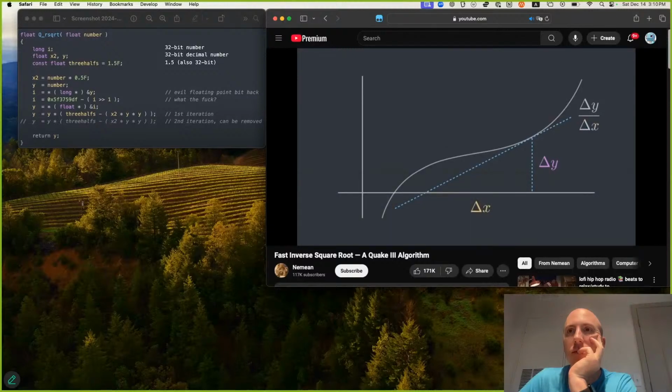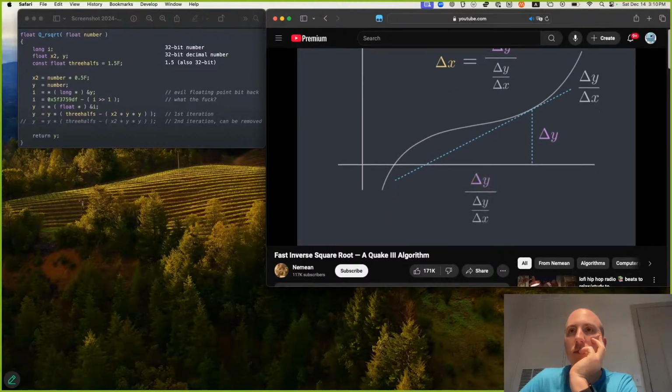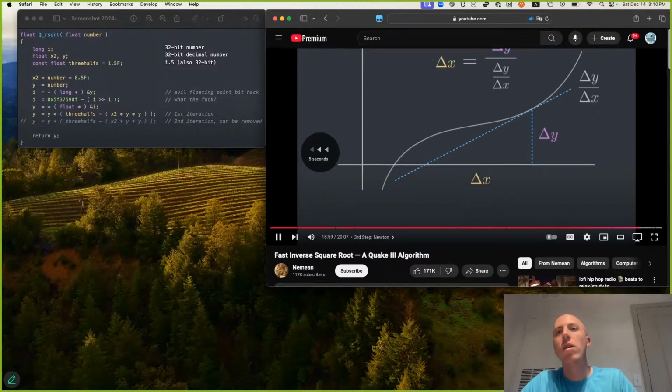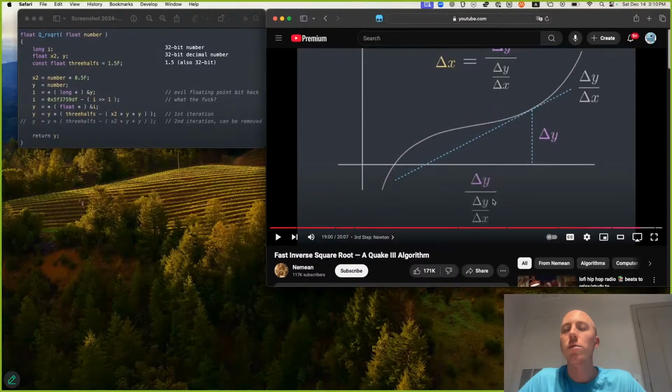We have the ratio between y and the x offset and y itself. So to get the x offset, we just divide y by the ratio. So then we simply... Oh, wait, what's that? Delta y divided by dy over dx. Okay.